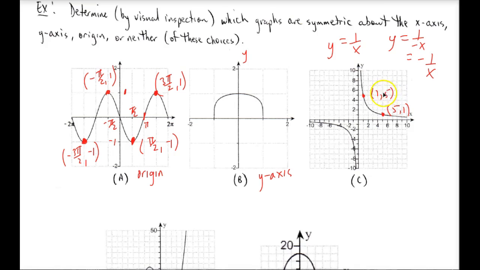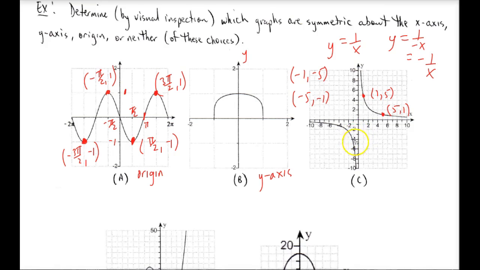Now, if we have a point 1, 5 and we expect this to be symmetric about the origin, then we are suspecting to have a point negative 1, negative 5, as well as a point negative 5, negative 1.